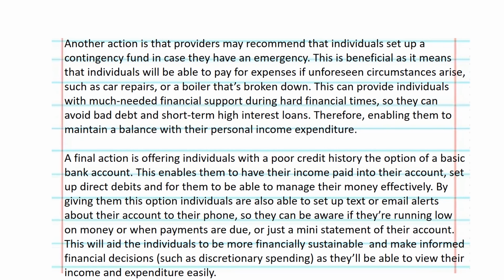This will aid the individuals to become more financially sustainable and make informed financial decisions, such as those on discretionary spending, as they'll be able to view their income and expenditure easily.